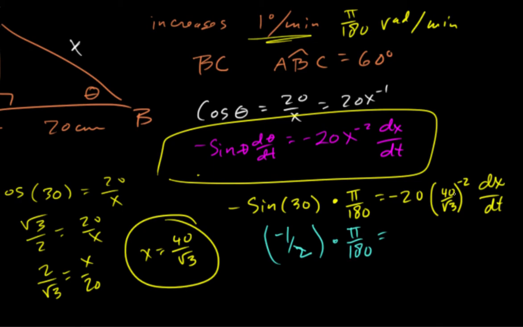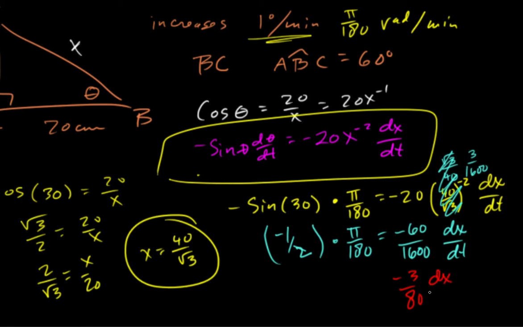This, we're going to flip it upside down and then square it, and when we square it, we get 3 over 1600. Then we times that by -20, and we get -60 over 1600 dx/dt. And if we simplify that, we get -3 over 80 dx/dt. If we multiply this, we get -pi over 360.